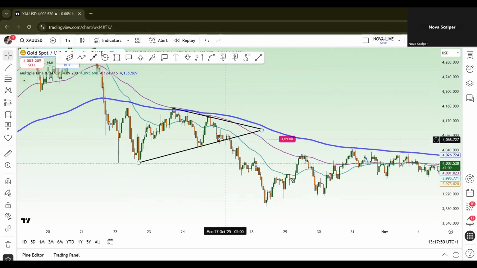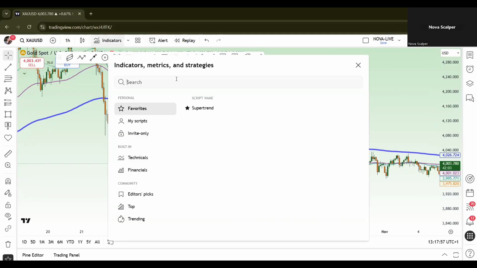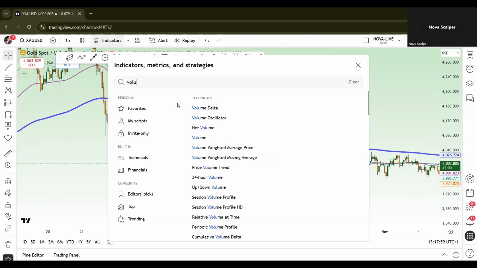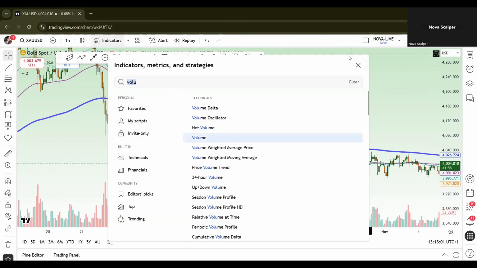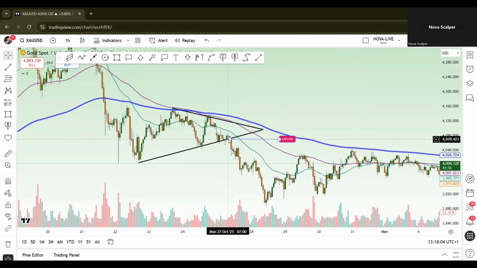And we can observe the trading volume as well by clicking on indicators and choosing volume. Comparing to this one, you see that these candlesticks do not have a significant quantity of volume.